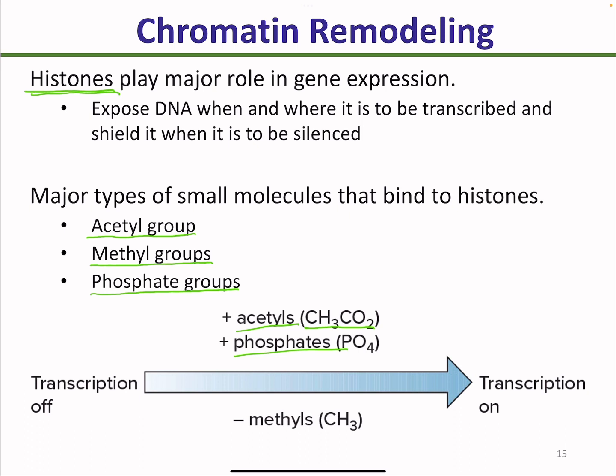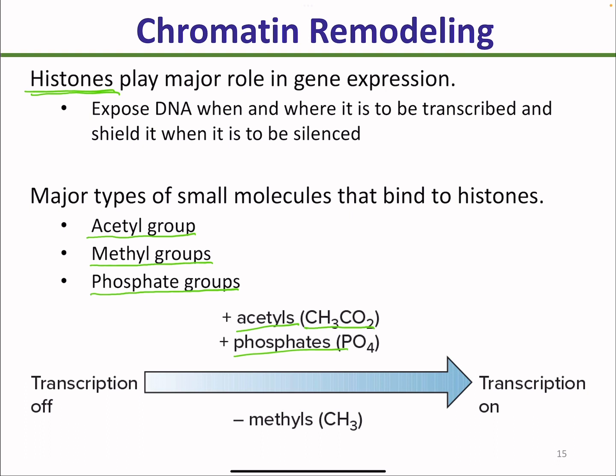In other words, acetylation and phosphorylation are going to be such that the histone molecules are going to change their conformation so that they free up DNA, and the RNA polymerase and the transcriptional factor can come and bind on that free DNA molecule. That's one. So they work for turning genes on.